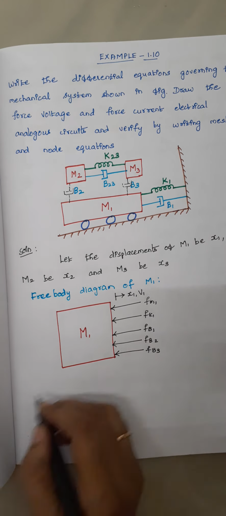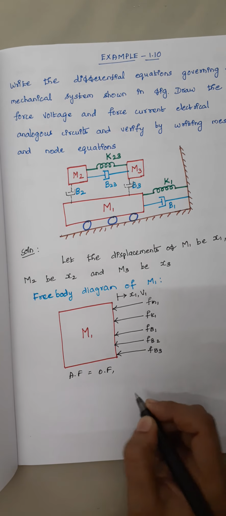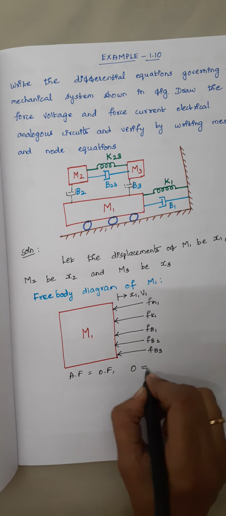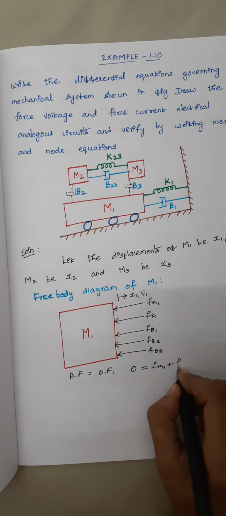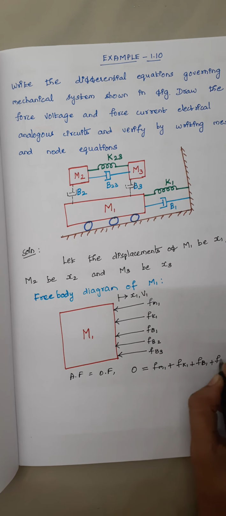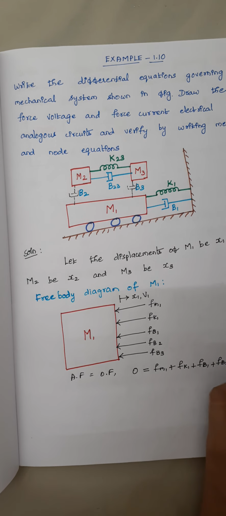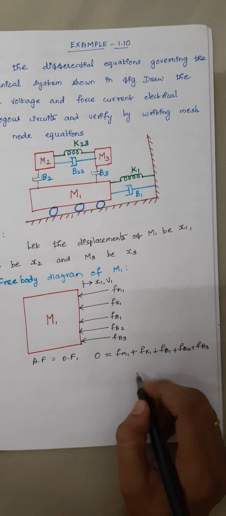Here the applied force is 0, which is equal to the opposing forces Fm1, Fk1, Fb1, Fb2 plus Fb3, right? So just substitute the respective values here.